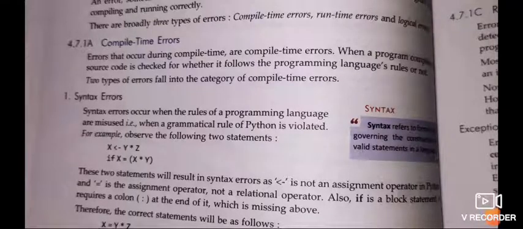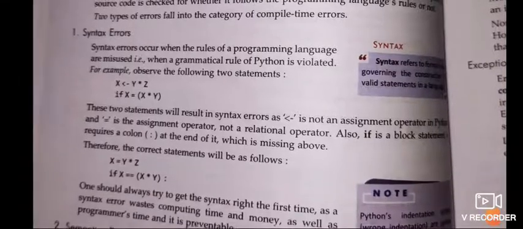And an if block statement requires a colon. Later, when we discuss loops and statements, you will see that a few statements need a colon. If we miss that colon, there will be an error in the program. That type of error is a syntax error.